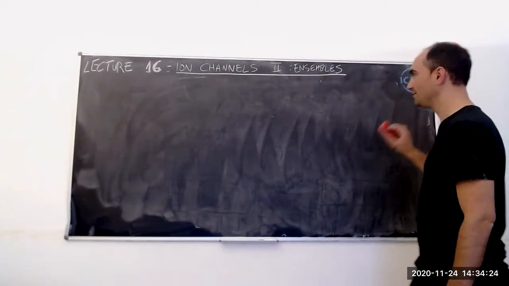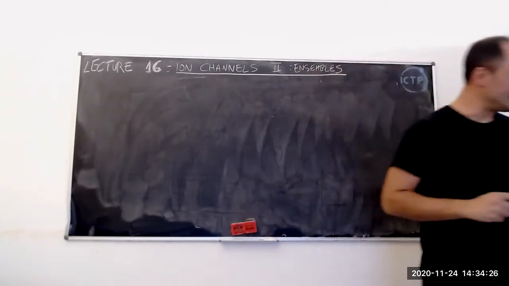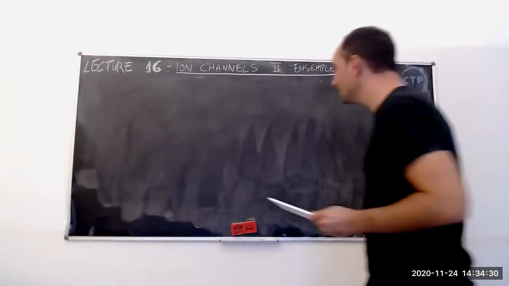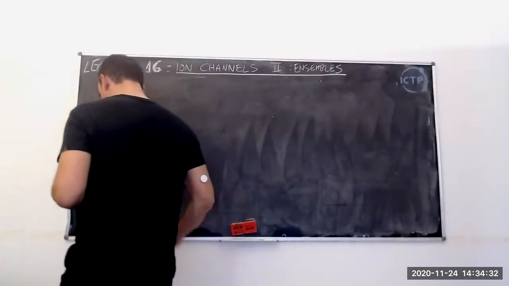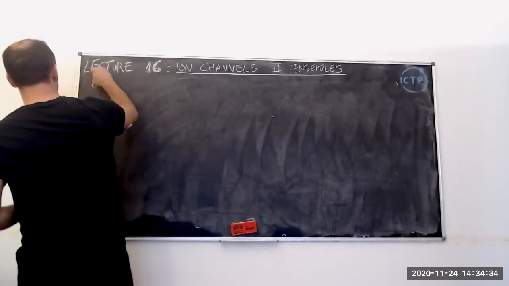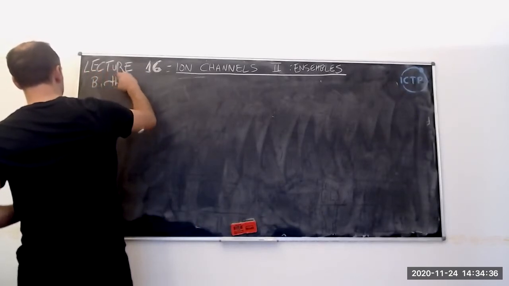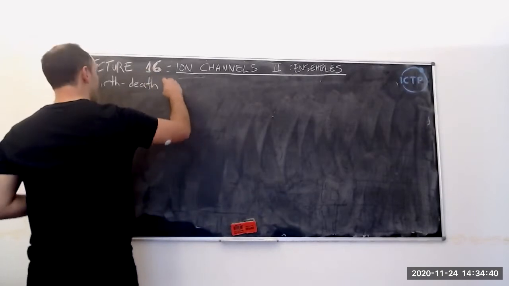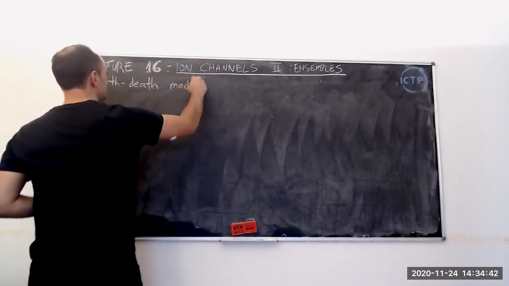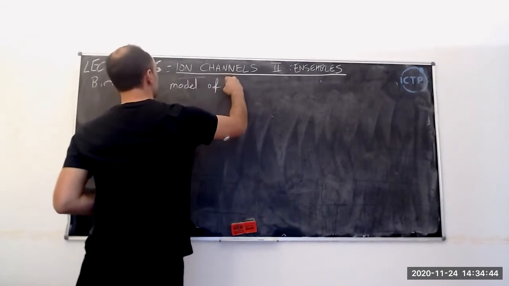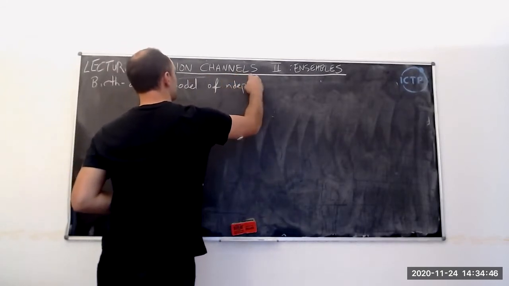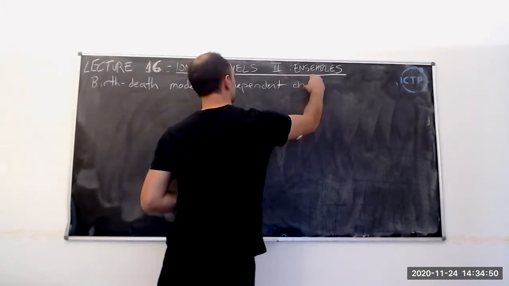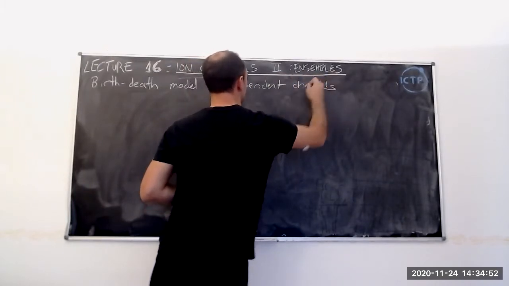All right. So the next part is the following. This will be called the birth death model of independent channels. Anyone knows what is a birth death model?